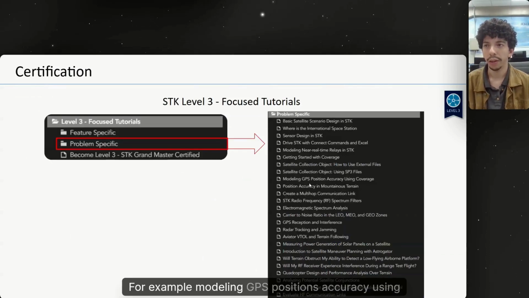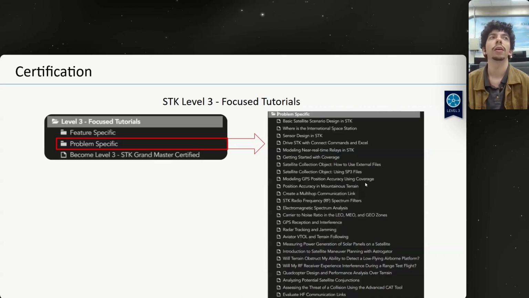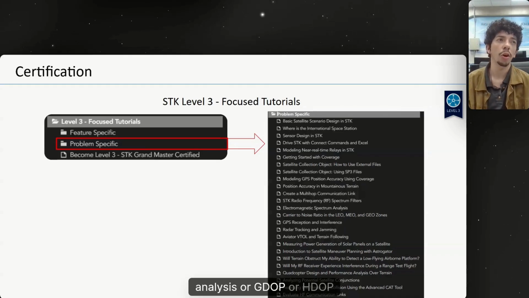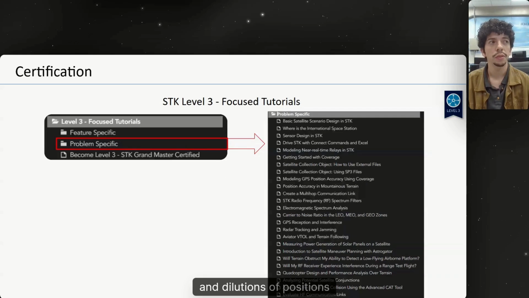For example, modeling GPS position accuracy using coverage is very important for analysis of GDOP or HDOP, with correlative and geometric dilutions of position and the others, okay?